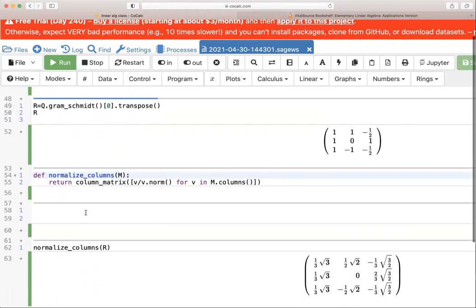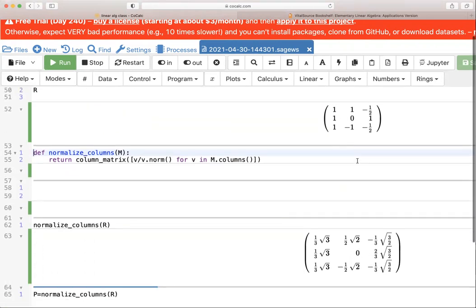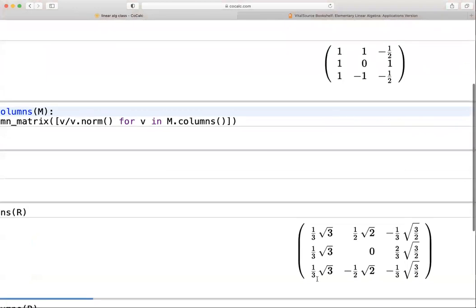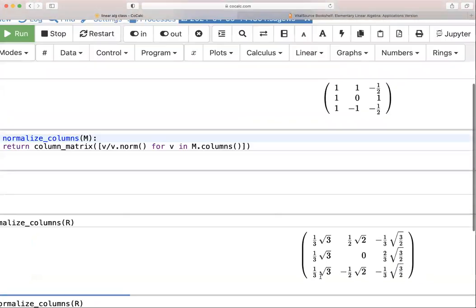So, okay, let's apply this function to this matrix R. And there we have it. You can see that this 1, 1, 1 has turned into this column here. They've rationalized the denominator, so that's why it's written like this, but this is the same as 1 divided by root 3, 1 divided by root 3, and finally 1 divided by root 3.